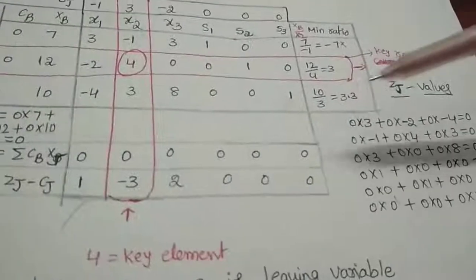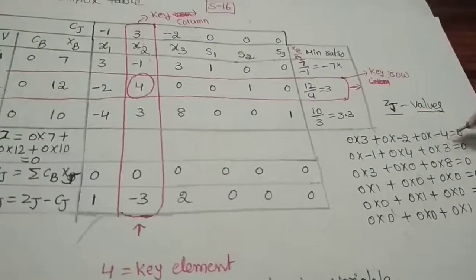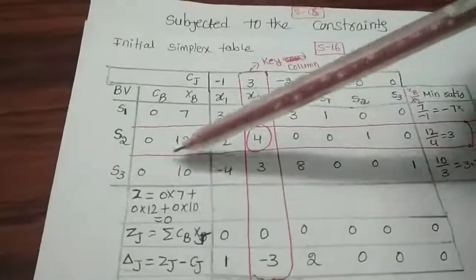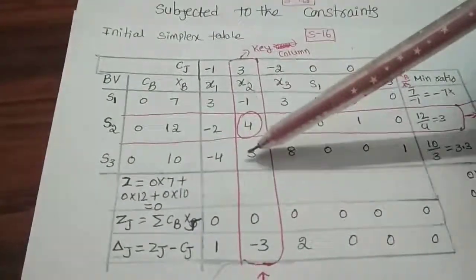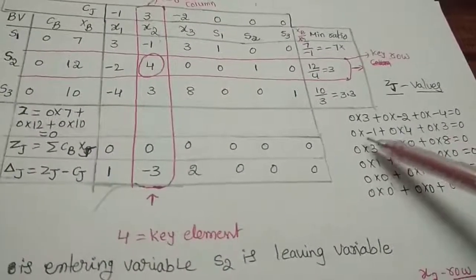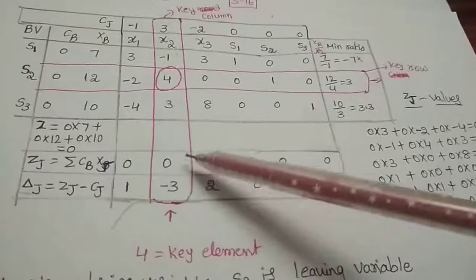I have given here also 0 into 3 plus 0 into -2 plus 0 into -4, that equals 0. The second value is 0 into -1 plus 0 into -4 plus 0 into 3, equal to 0. I wrote it here, 0 value is here.